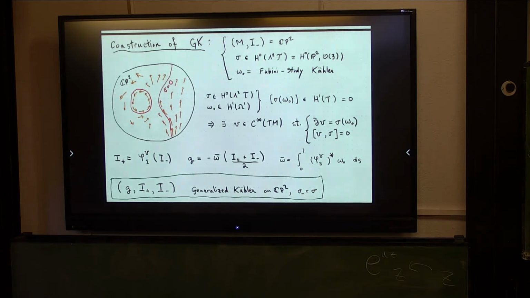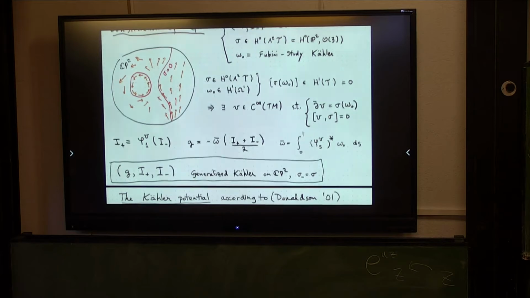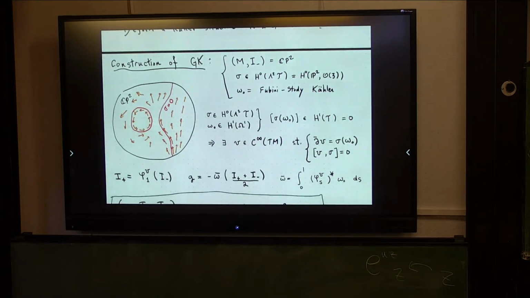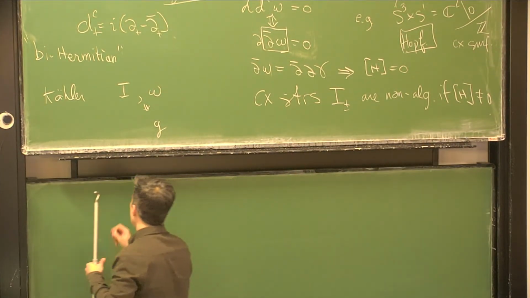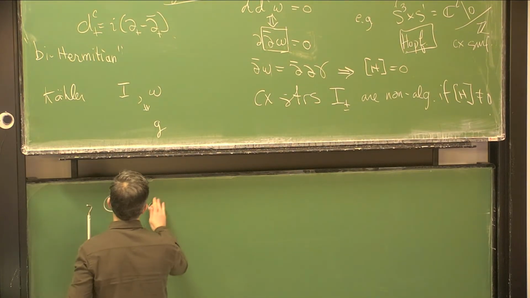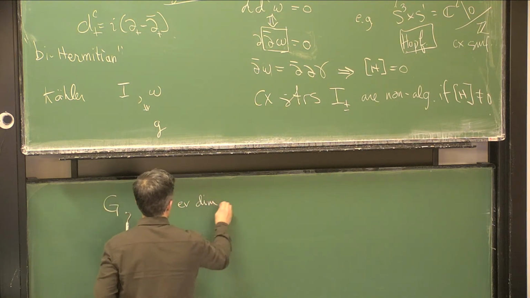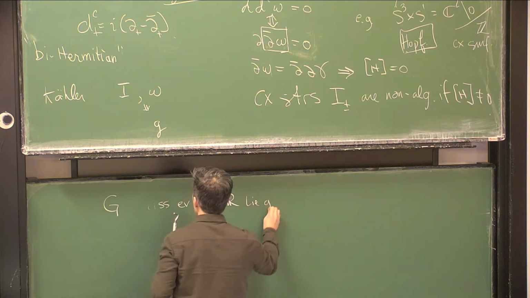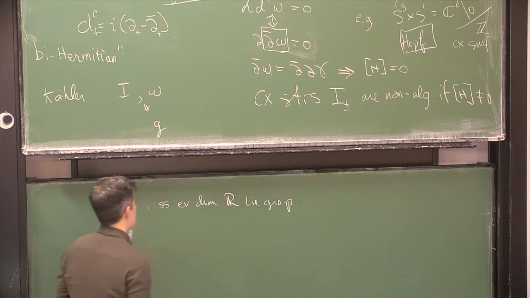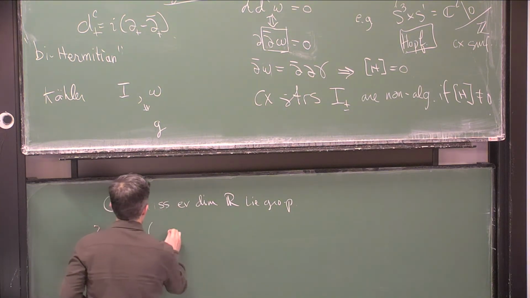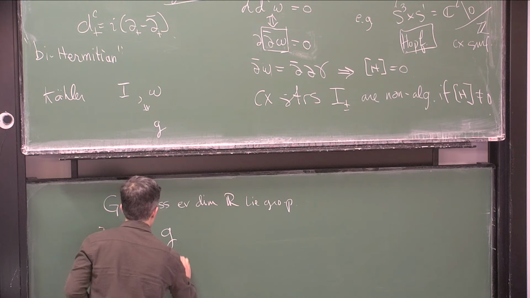So anyway, this is a way of producing the generalized Kähler structures. And actually, another class of examples which you should be aware of is if you take G, a semi-simple, even dimensional real Lie group, then you can take a bi-invariant metric.